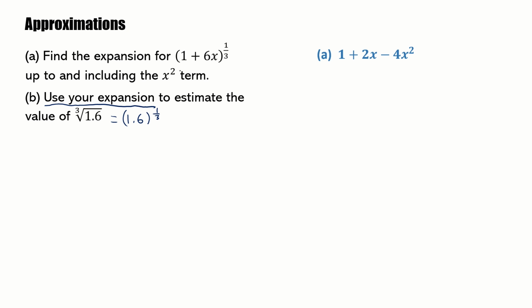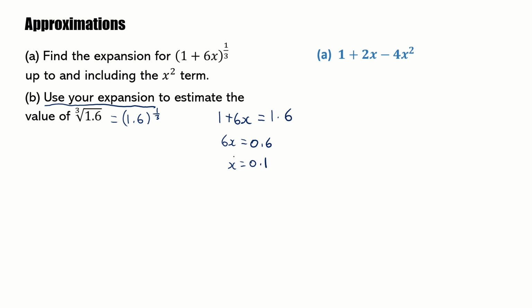Therefore, if we want our expansion to be useful, we need the 1 plus 6x inside the brackets to be equal to 1.6. So all we've got to do is solve that mini equation. If you do that, you will end up with, in this case, x equals 0.1.